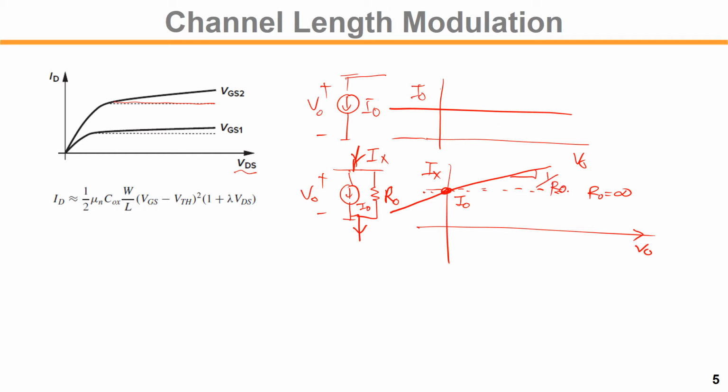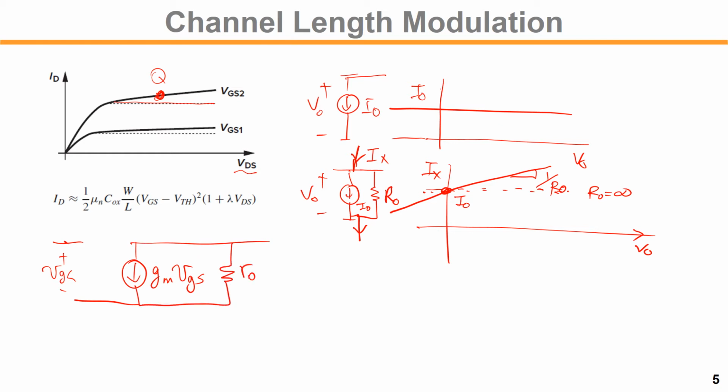So having this kind of slope means that, in small signal analysis at operating point Q, we have a gm VGS voltage controlled current source, with plus minus VGS, in parallel with some resistor RO.